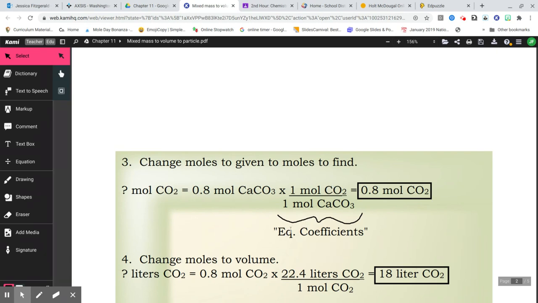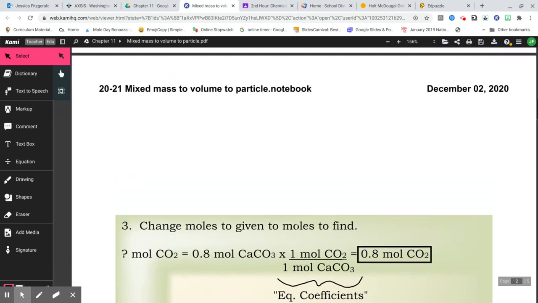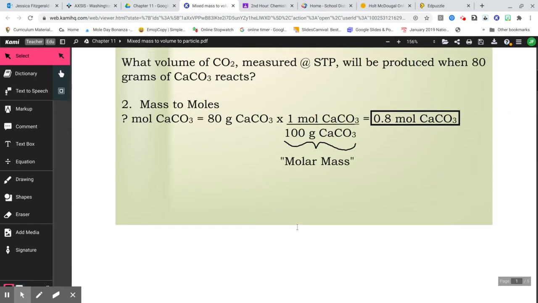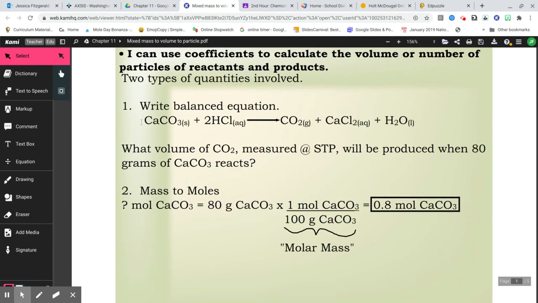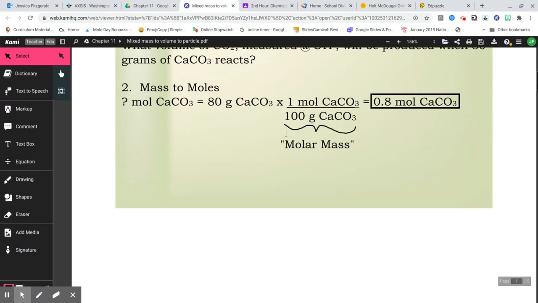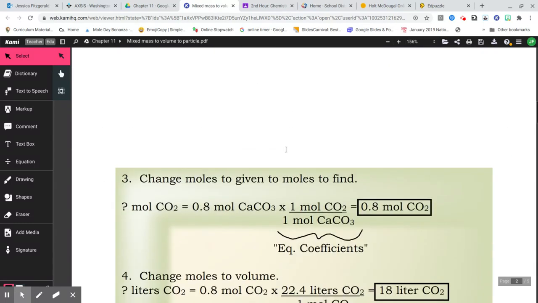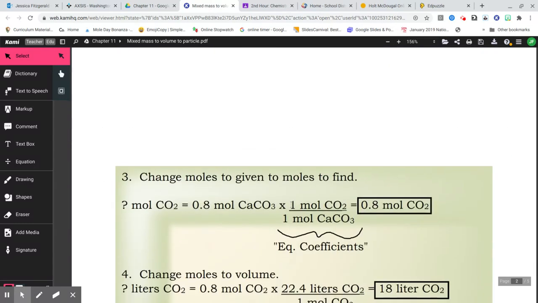And we go to our equation's coefficients. So we have the coefficient of 1 for calcium carbonate, the coefficient of 1 for carbon dioxide. In this case, we're using both 1s for our equality.